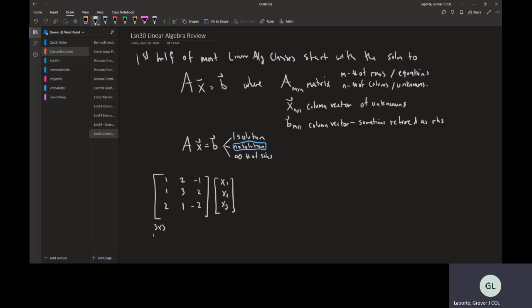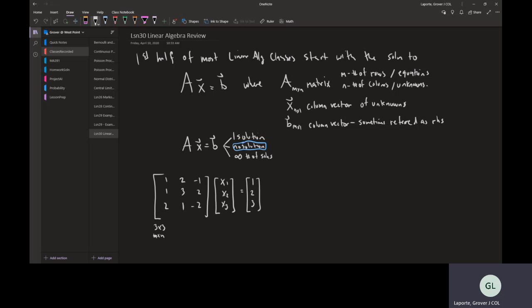So this is m and n. And so we know this will be a 3 by 1, and that's going to be equal to some vector, the right-hand side, 1, 2, 3.